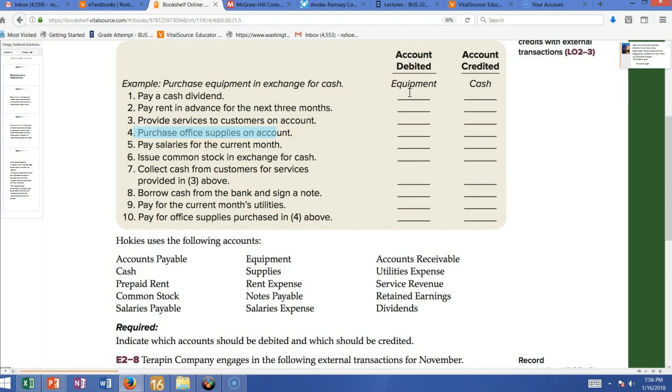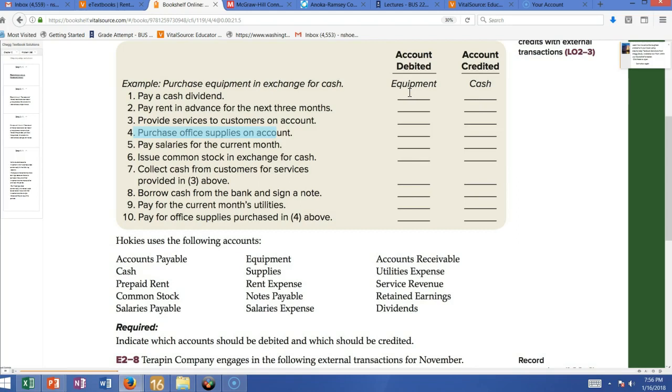In this case, if cash is being credited because it's decreasing, our dividend is a debit, which means the dividend is being increased, and the dividend has a normal debit balance.